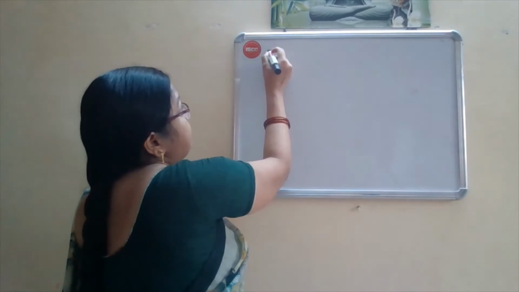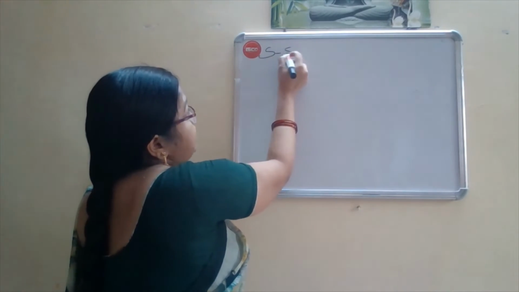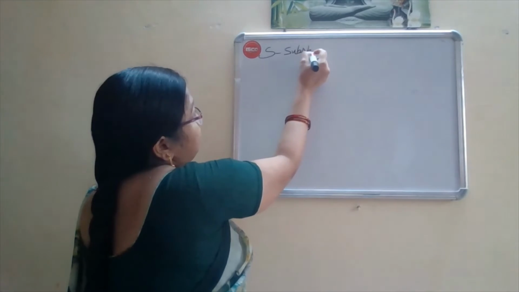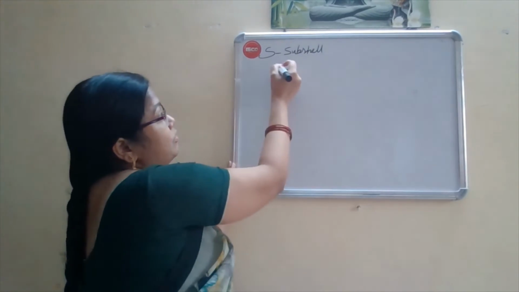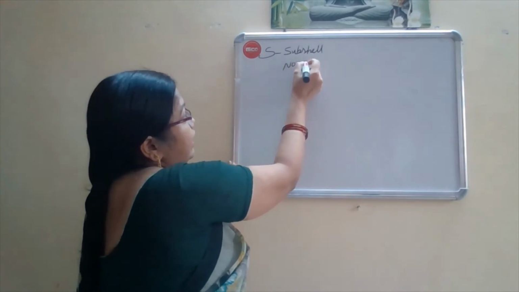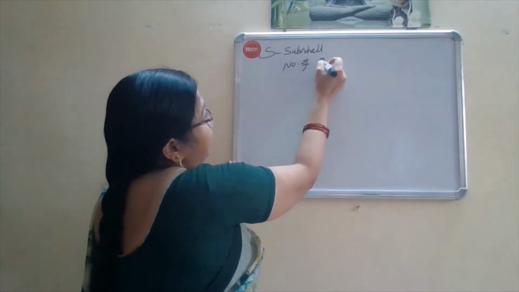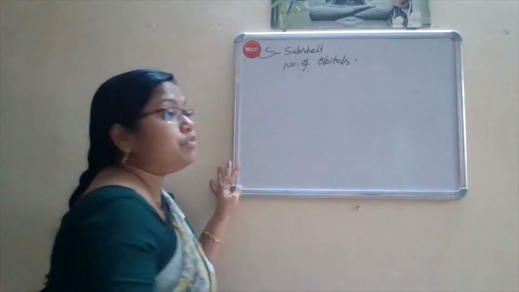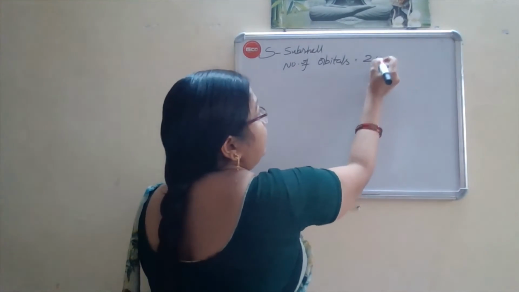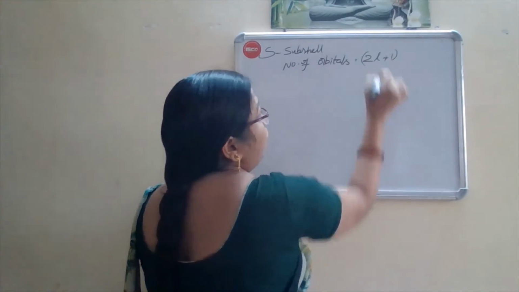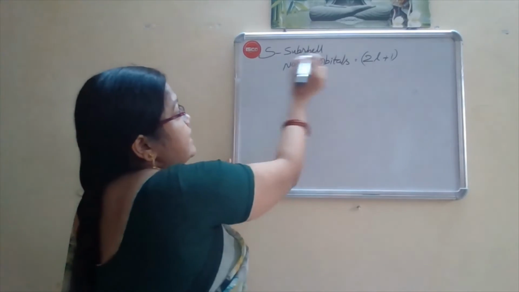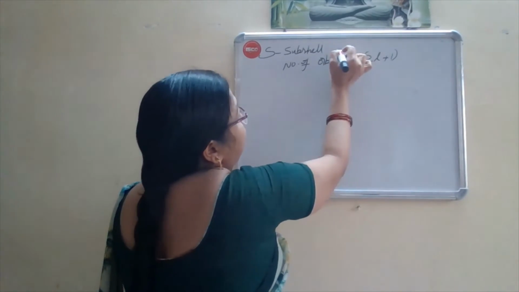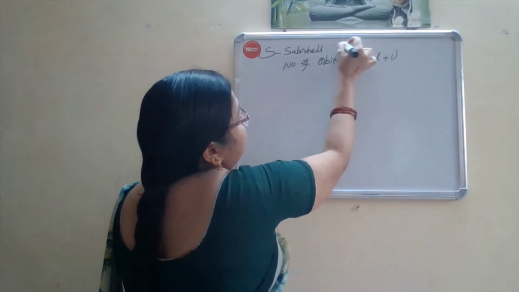For S subshell, first we calculate the number of orbitals using the formula 2L plus 1. For S subshell, L is equal to 0.